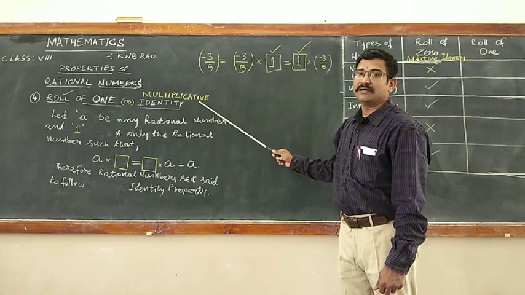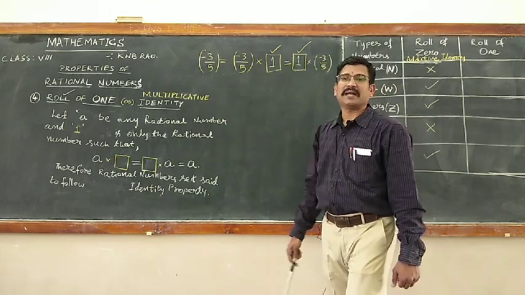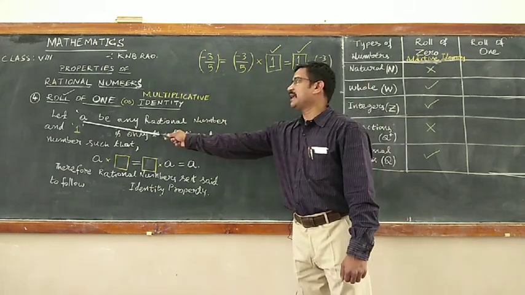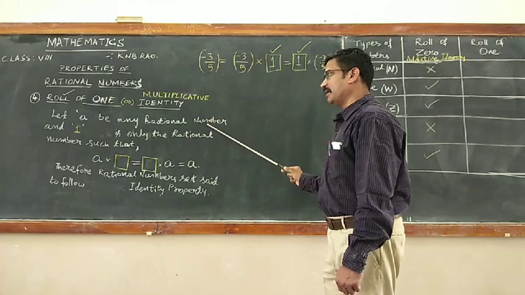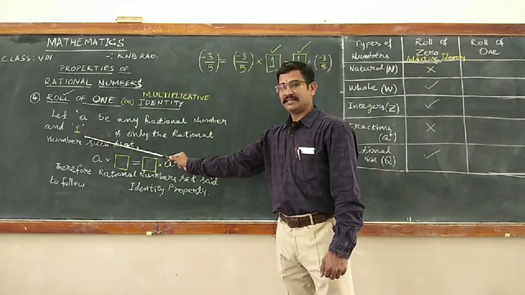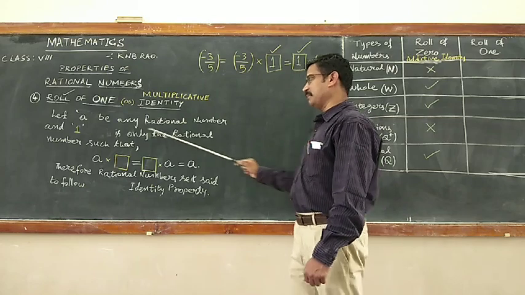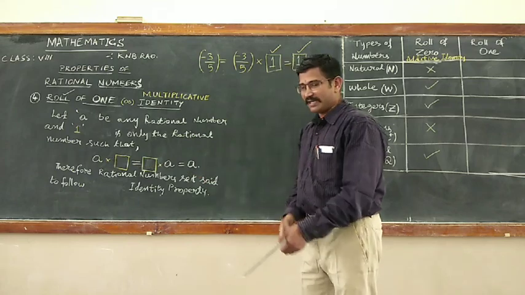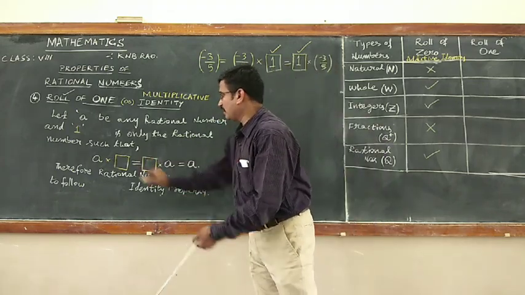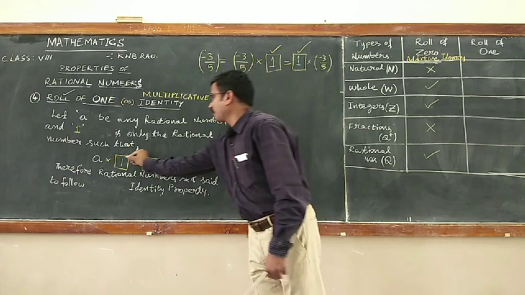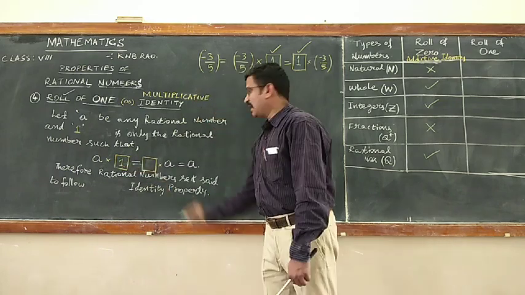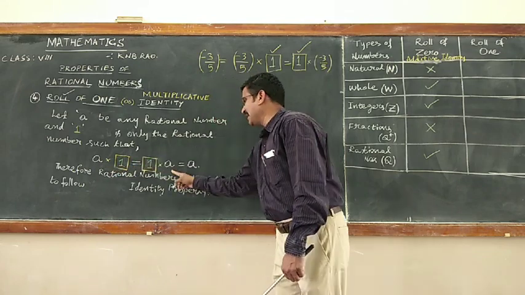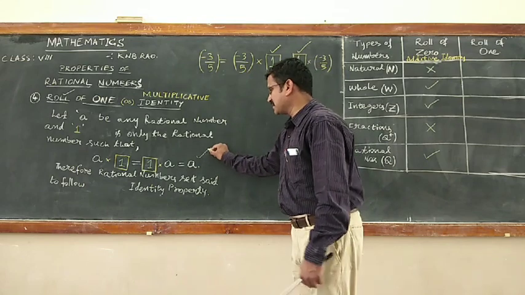So, how do we define mathematically role of 1 or multiplicative identity property? It means let A be any rational number and 1 is the only rational number such that any number multiplied by 1, or 1 multiplying to any number, gives us the same number.